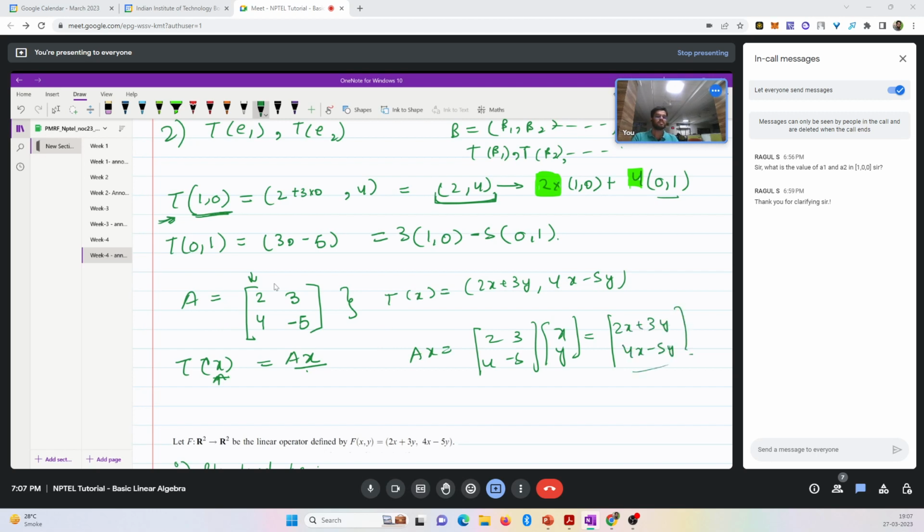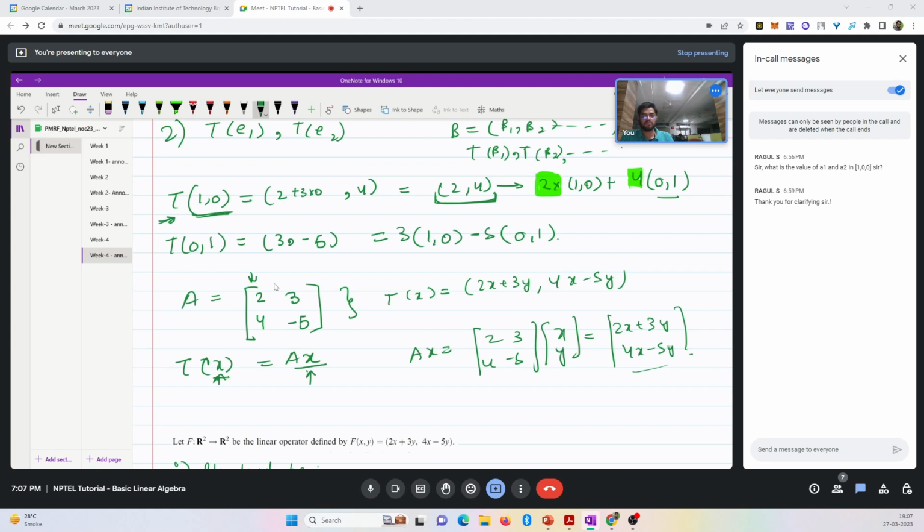So this was for a particular choice of your basis vectors. And also this x that you're taking should be represented in terms of the same basis vectors.